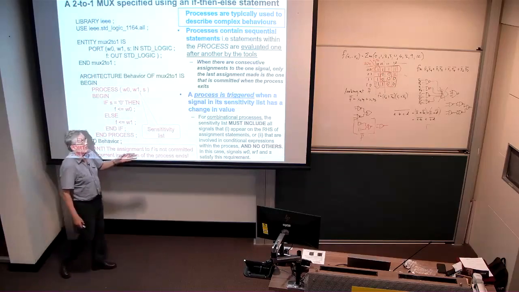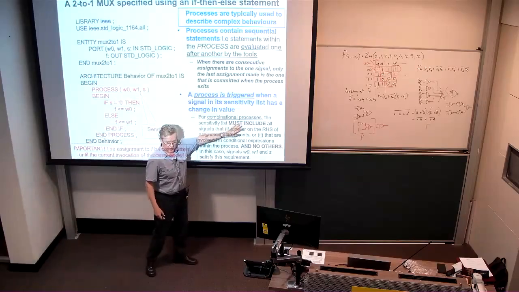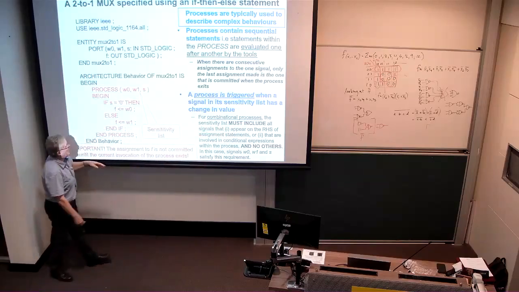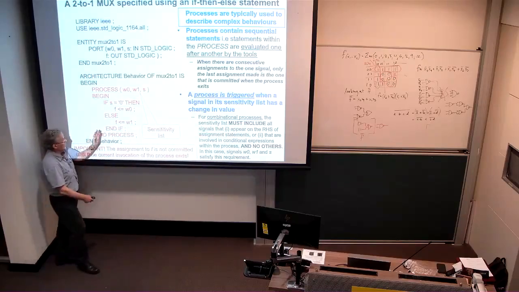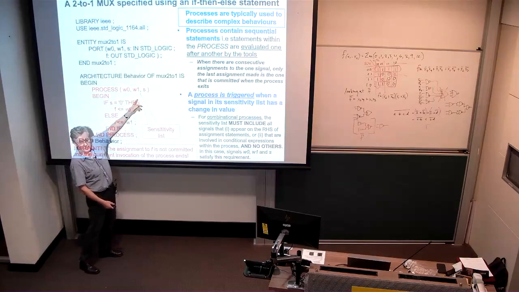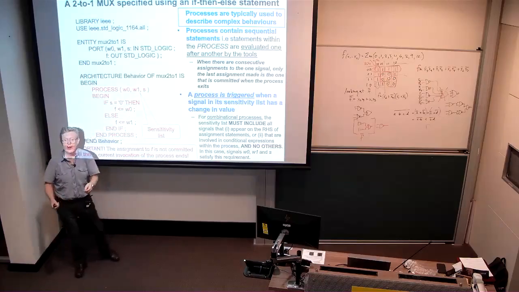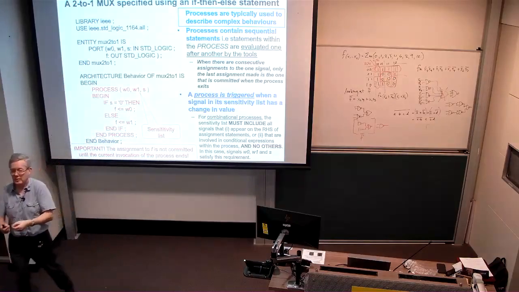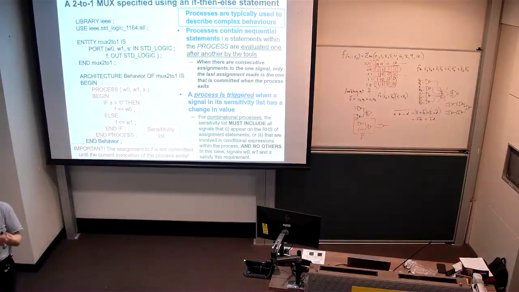That implies that for a combinational process, we have to include all of the signals that appear on the right-hand side of an assignment within the process in the sensitivity list, because we know that when any one of those signals changes, potentially the output or the signal that we're assigning it to is going to change as well.